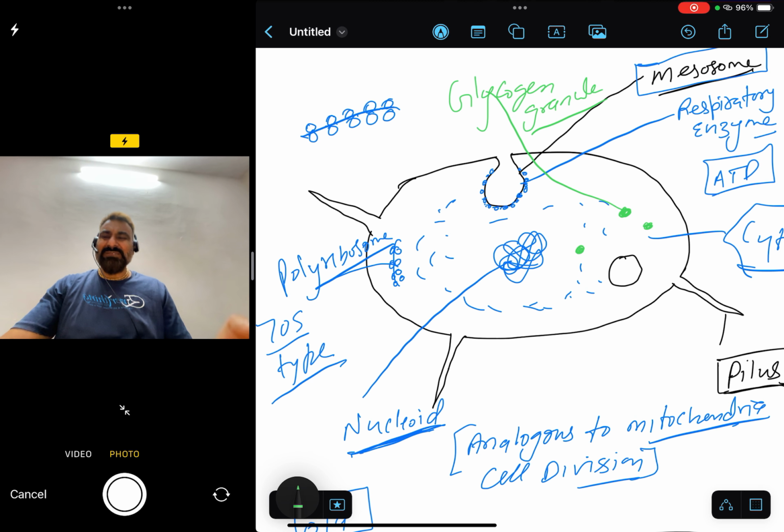Okay. Some bacteria also produce granules in the form of oil. So in some bacteria, oil is also present. It depends upon which type of condition the bacteria is living in.